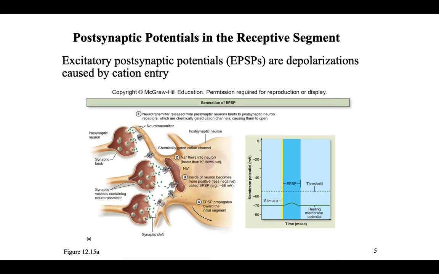Then the first thing that's generated are graded potentials. These are generated on the dendrites in the receptive segment of the neuron. And so you can see some chemically gated channels here. These are chemically gated sodium channels. And so to generate an excitatory postsynaptic potential, or an EPSP for short, we would open a chemically gated sodium channel.